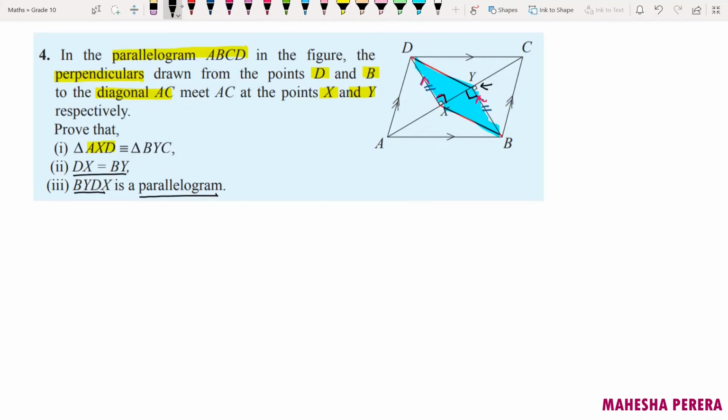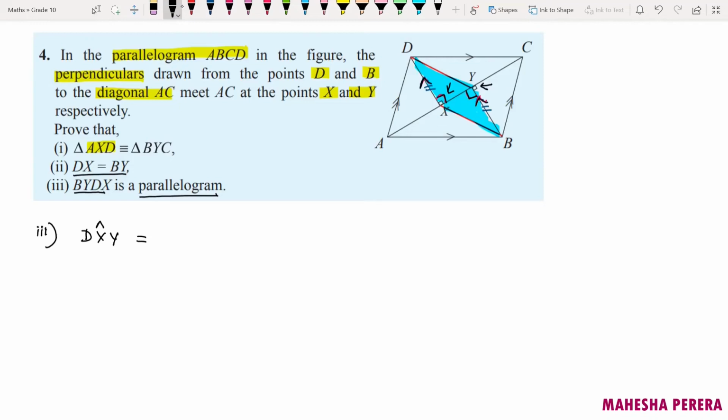So when alternate angles are equal, you can say that DX is parallel to BY, right? Now let's write it. This is Roman figure 3. So I'm writing these two angles. Angle DXY, it's here, this one, right?